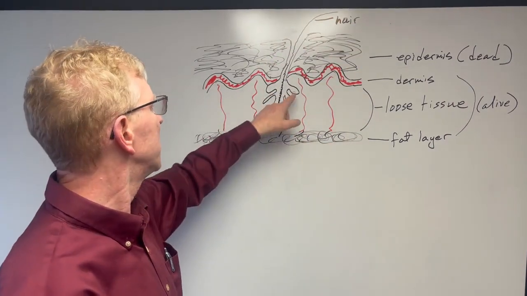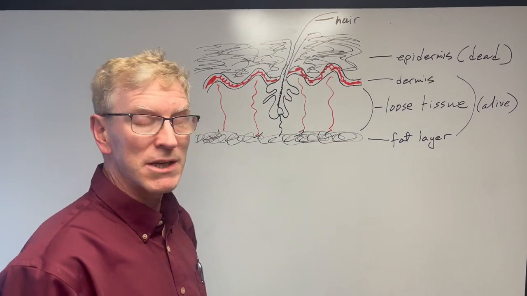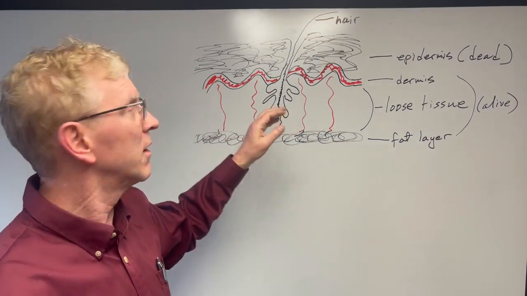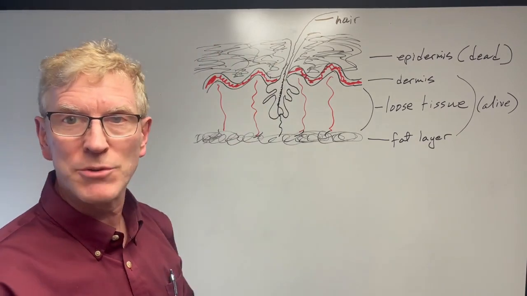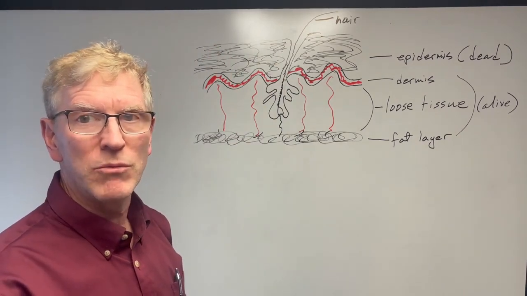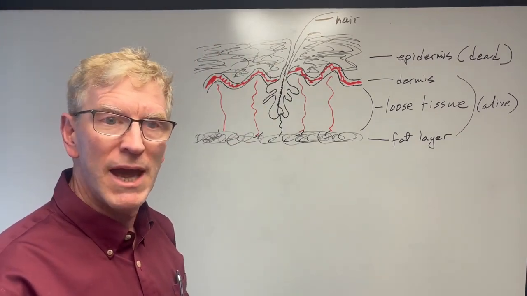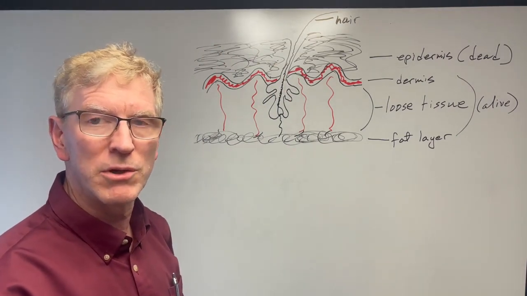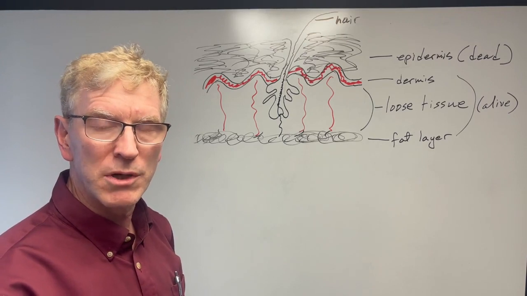And these little bumpy things on the side are basically just oil glands that lubricate the hair, and then the oil goes out onto the outside of the skin. And when we talked about that in the acne video, I talked about specifically the hair follicle and the oil glands and how those work.